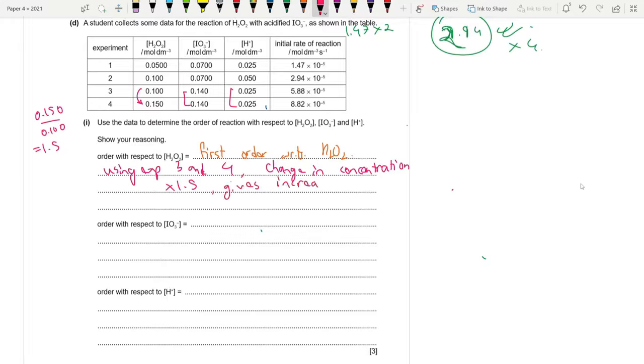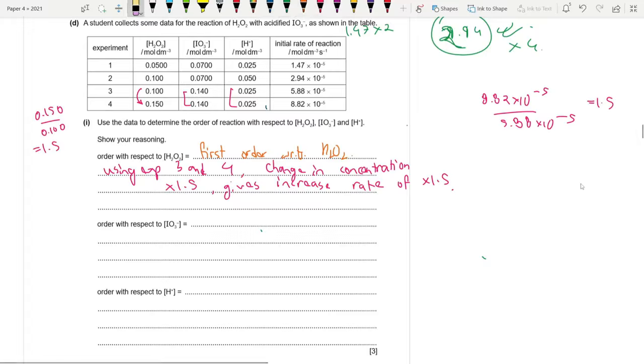This gives an increase in rate of 1.5 times, as you can see. 8.82 times 10 to the power minus 5 divided by 5.88 times 10 to the power minus 5. Use your calculator: 8.82 by 5.88 is also 1.5. So it's first order with respect to this. Now, what about the second one?